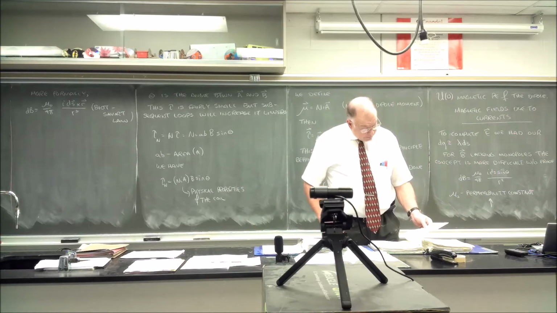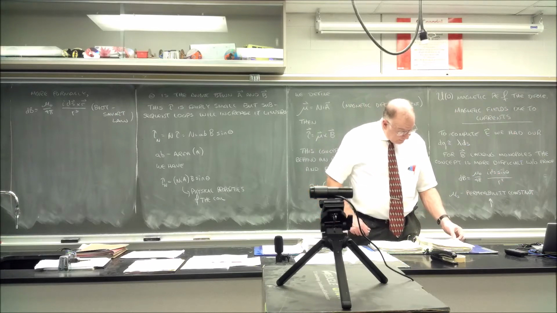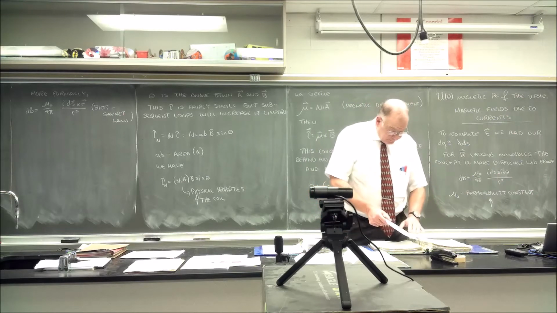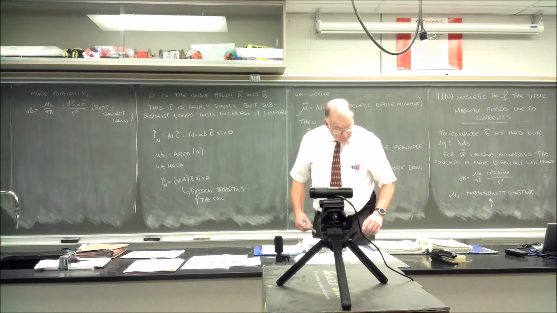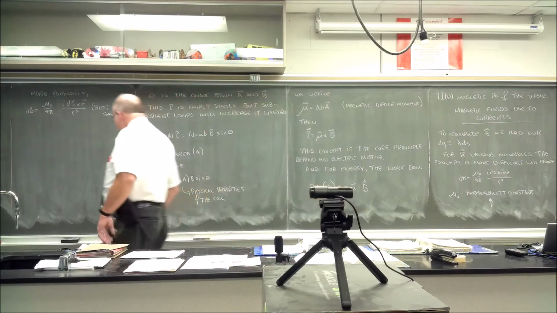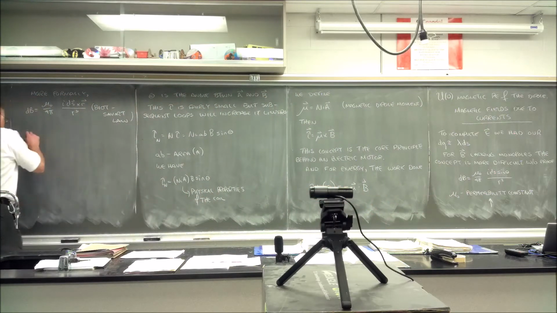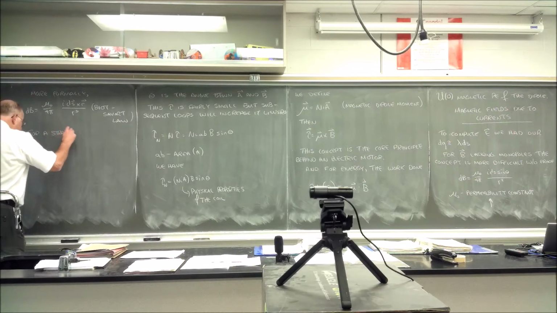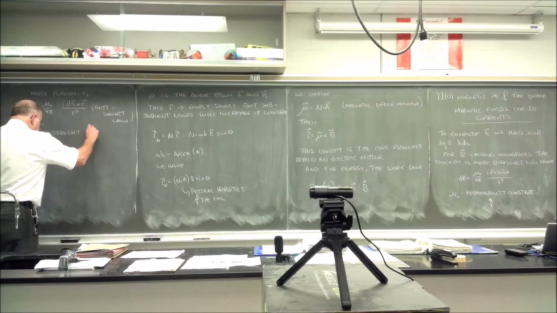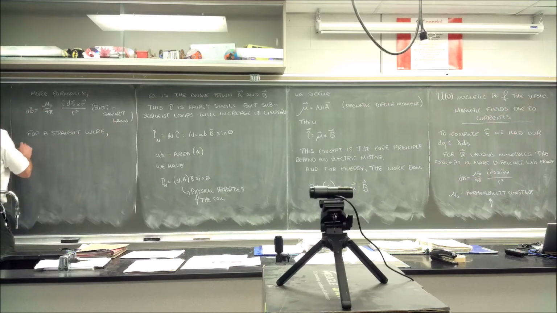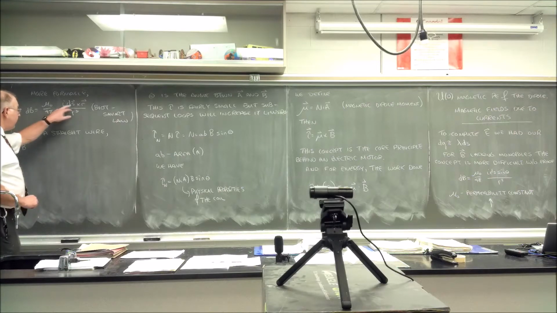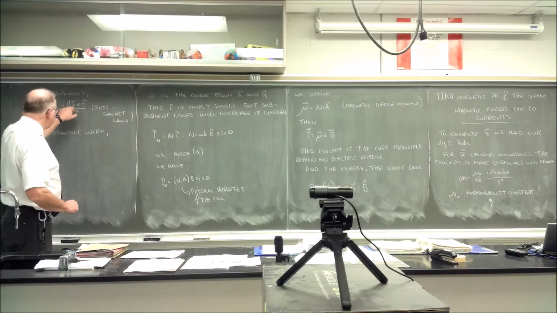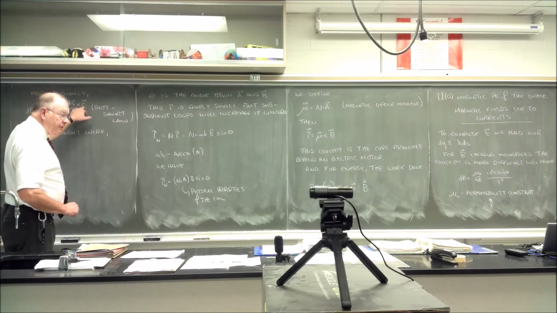Okay, so we've got a fair bit of stuff here. I don't know if I want to start that today, but I will do this. For a straight wire, the magnetic field, if we look here, there's a cross product between the direction of the current and the radius.